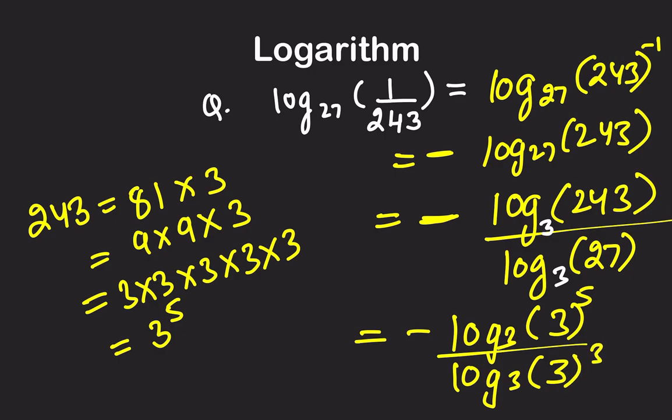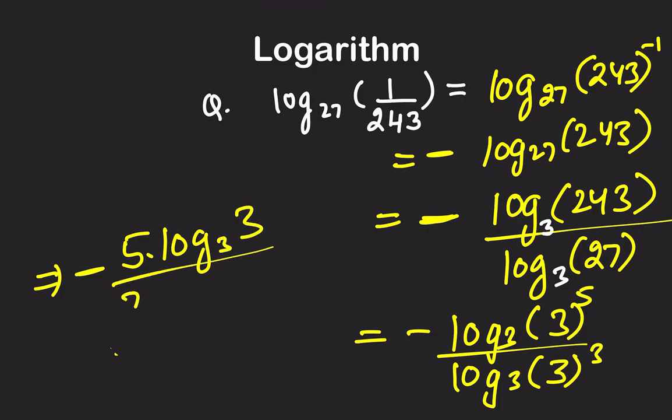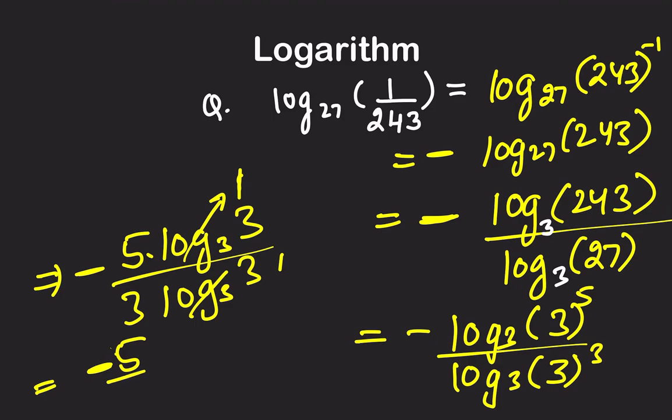So I hope it is clear. If I remove this part from here, in the numerator I could get 5 into log of 3 base 3 and 3 into log of 3 base 3. This is 1, we know, and this is also 1. So this is minus 5 by 3, the answer. I hope this is clear.